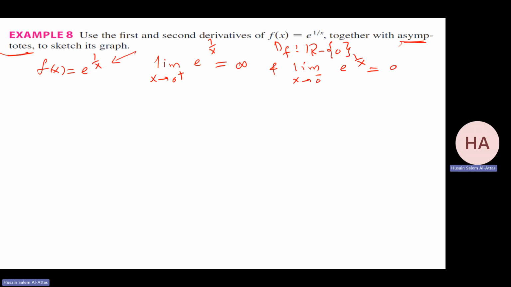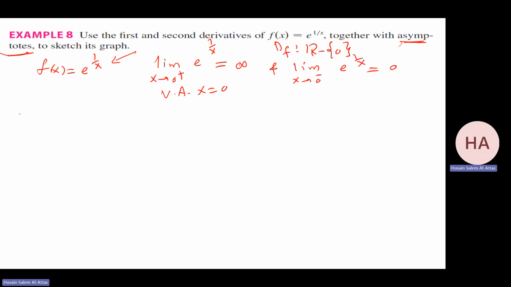So I have a vertical asymptote, x equals 0, from the right.